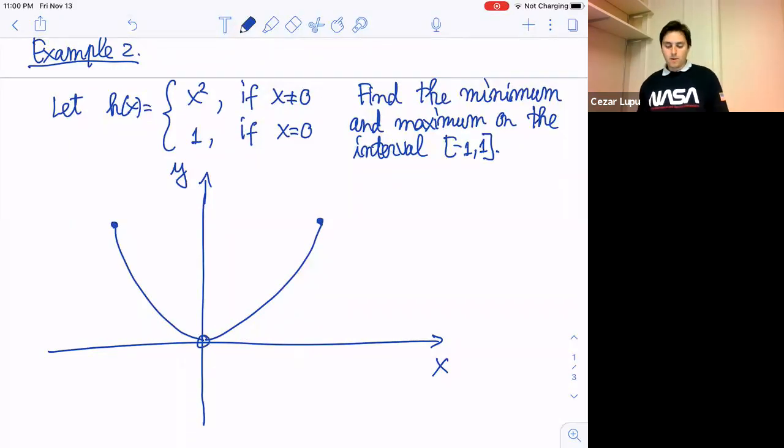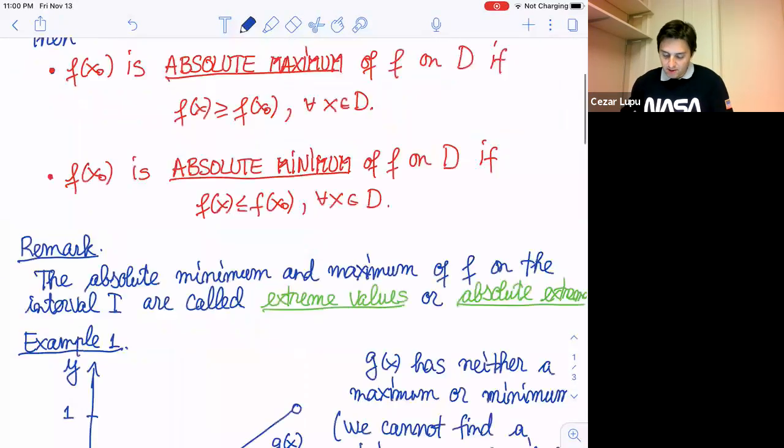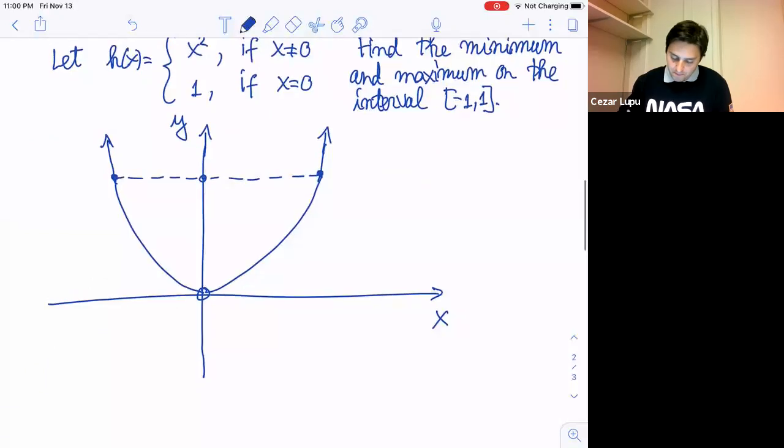Right, and here, so it keeps going like this. Here, let's say I have this point. So as you can see, if you look at this function, the minimum, well, it should have been 0, but at 0 it's 1, so there is no minimum.